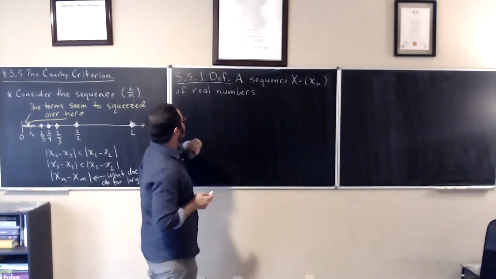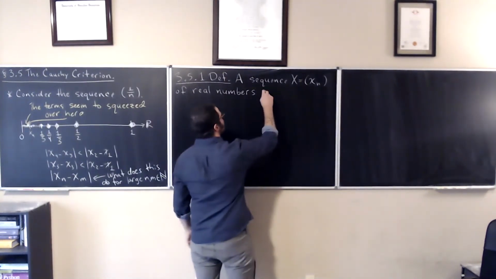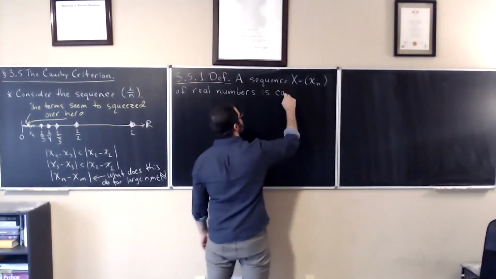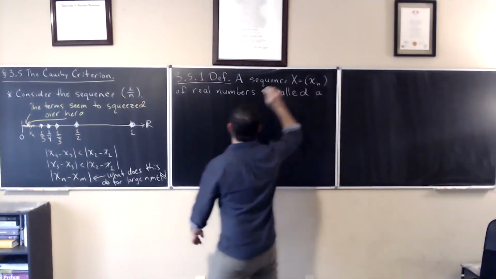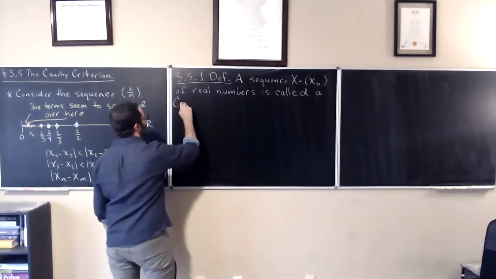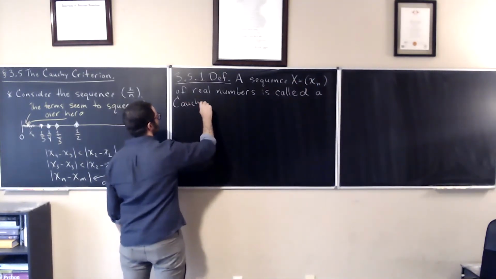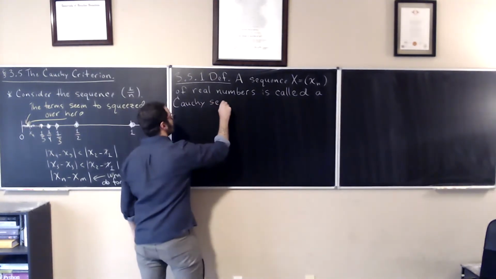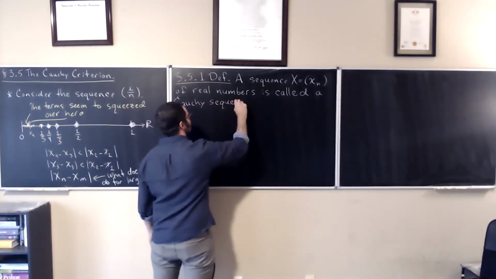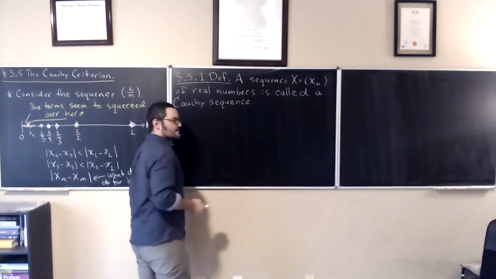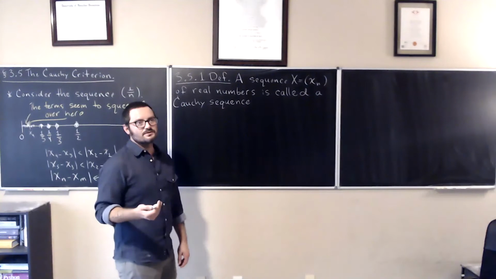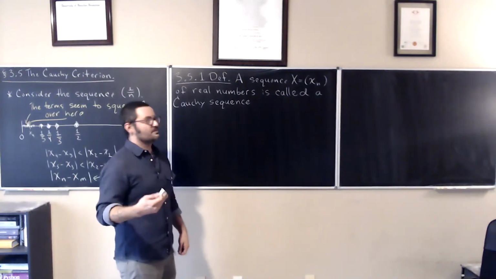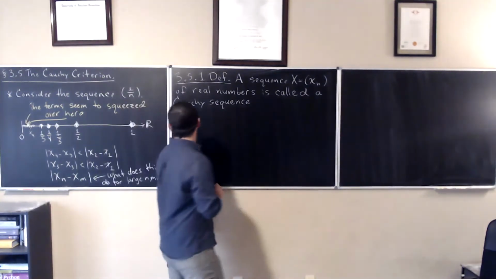So a sequence X of real numbers is called a Cauchy sequence. Can you guess what kind of condition we're going to put on our epsilon besides being greater than 0? Not existence, but for every, right?